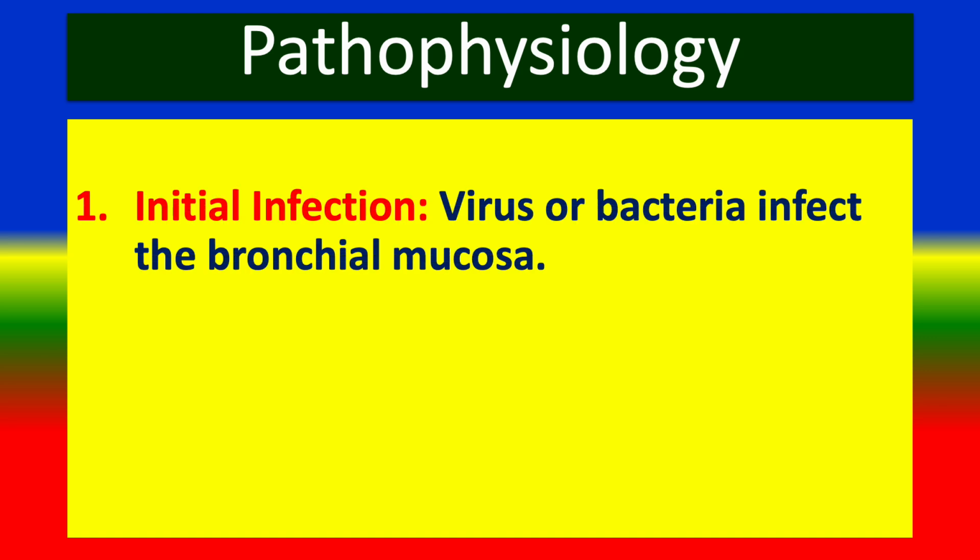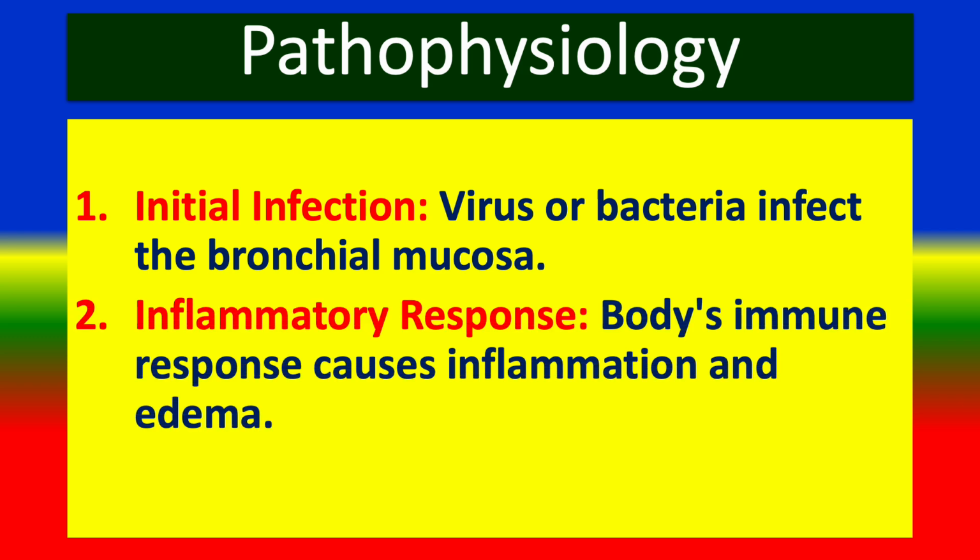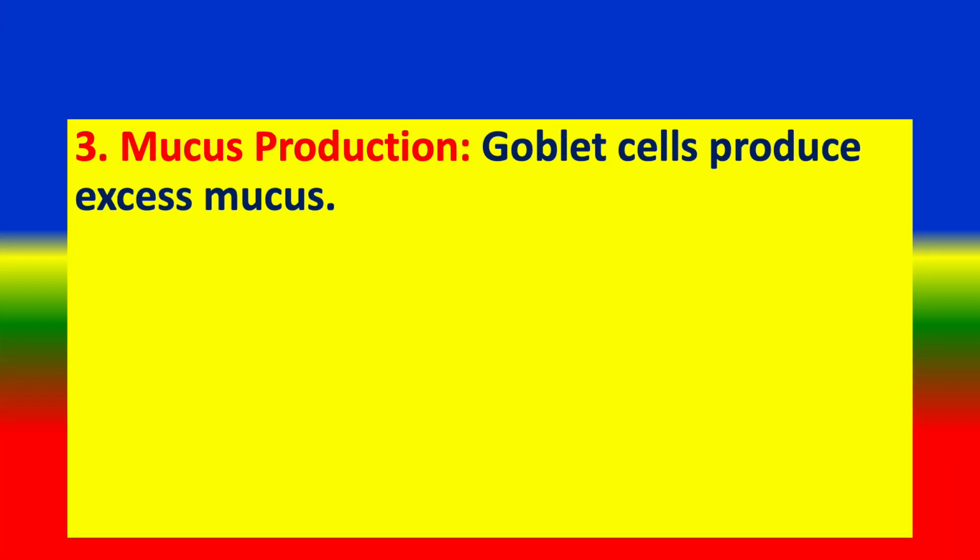Pathophysiology. 1. Initial infection. Virus or bacteria infect the bronchial mucosa. 2. Inflammatory response. Body's immune response causes inflammation and edema. 3. Mucus production.